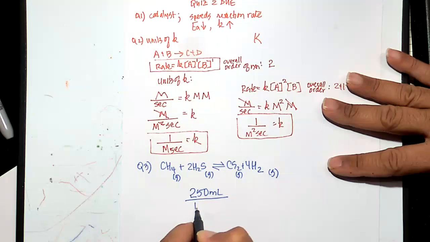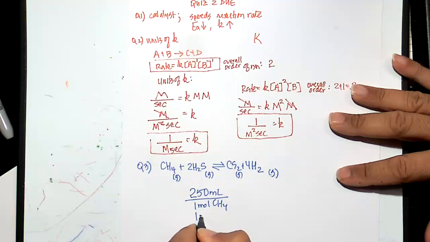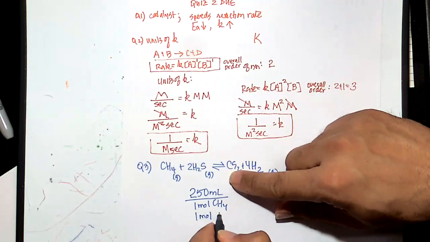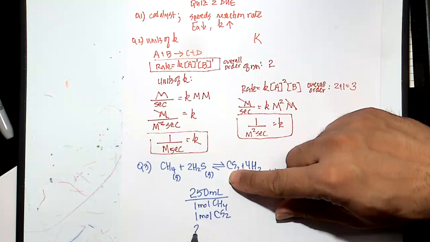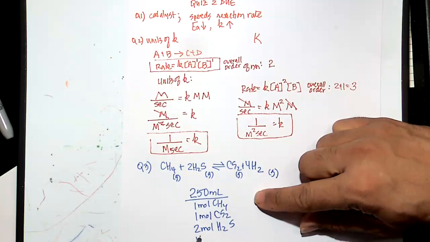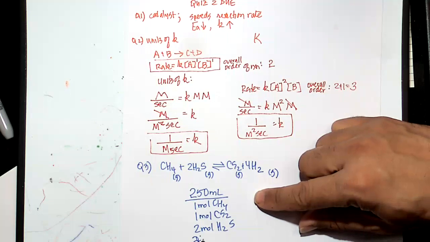And I have 1 mole of CH4. This is called methane. I have 1 mole of CS2. I have 2 moles of H2S. And I have 2 moles of H2.